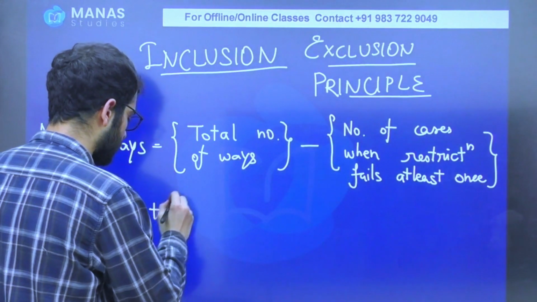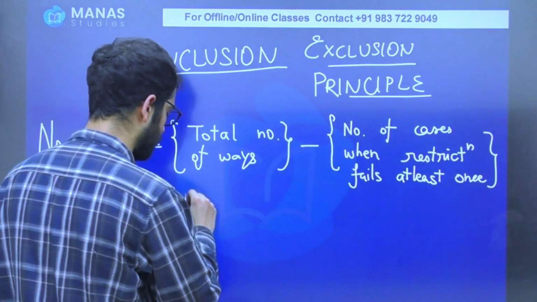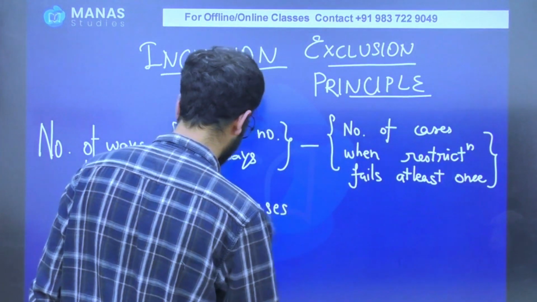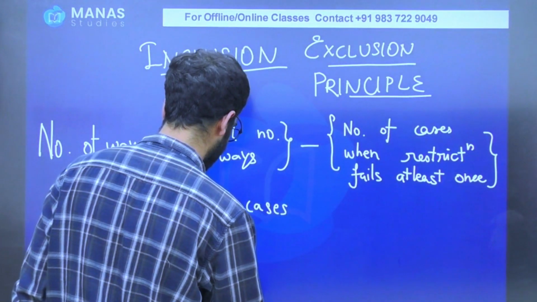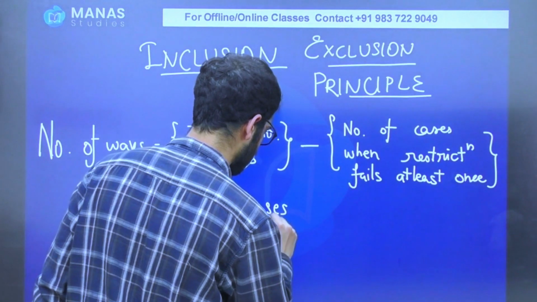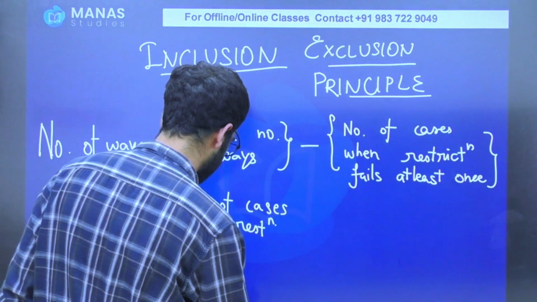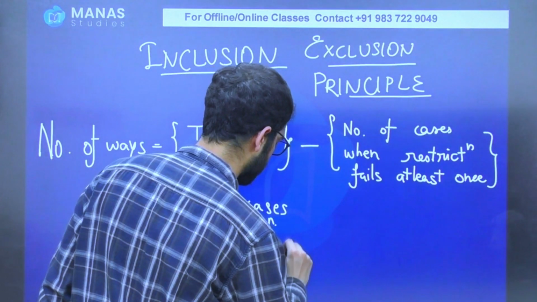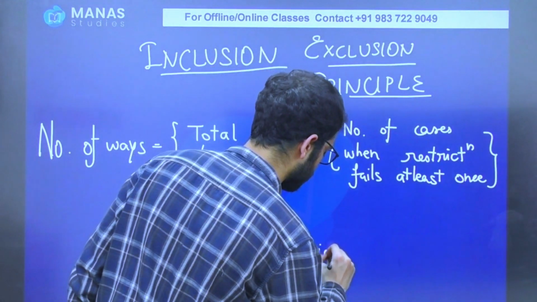अब इसके बाद हमें ऐड करना पड़ेगा नंबर ऑफ केसेस where restriction fails at least twice.